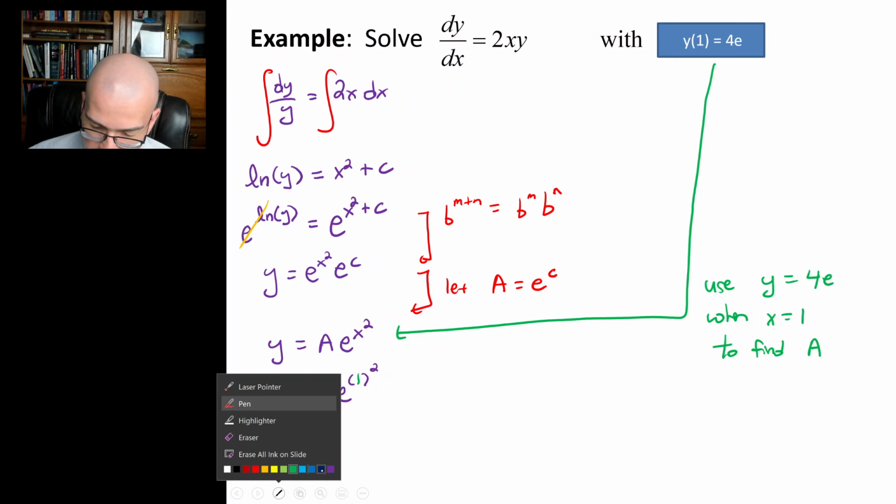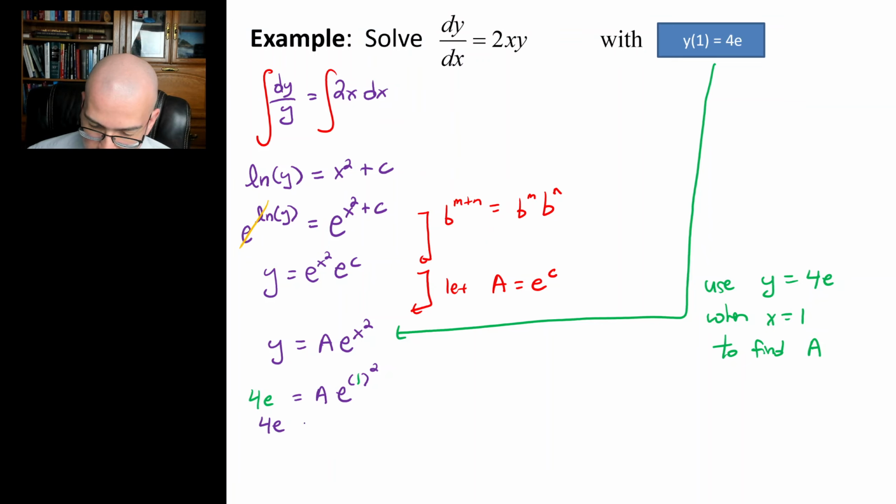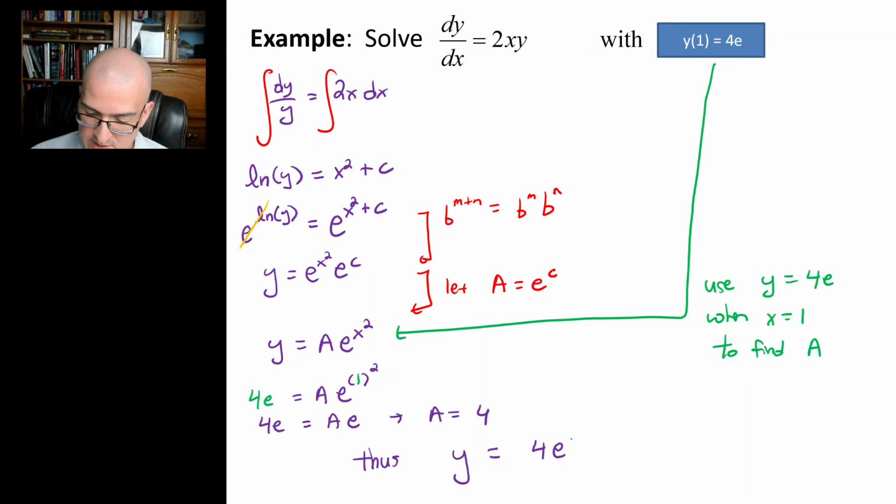So 4e is equal to a times e. 1 squared is 1. E to the 1 is just e. Divide both sides by e. So a is equal to 4. And we can make our conclusion: thus, the solution to our differential equation, y is equal to 4e to the x squared.